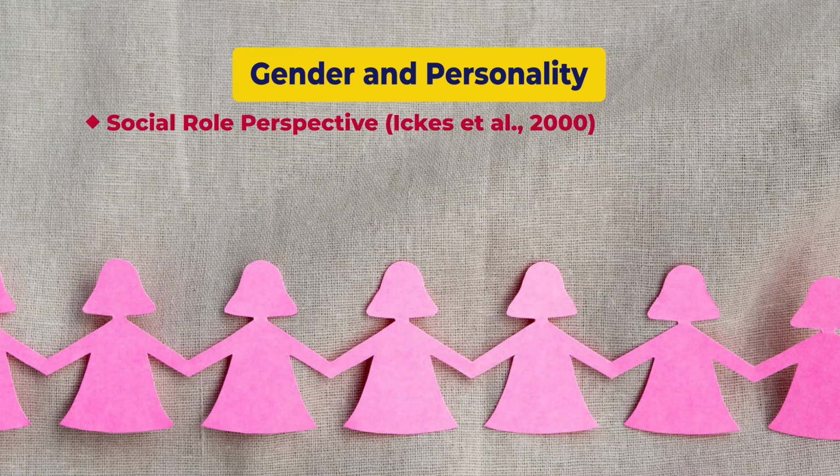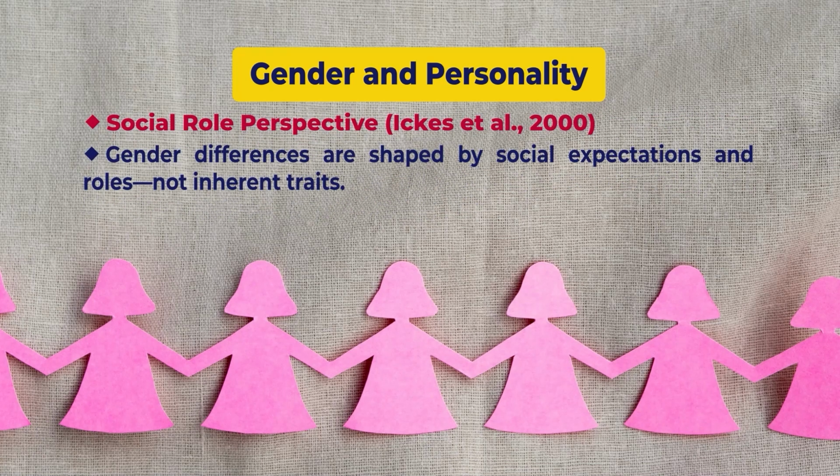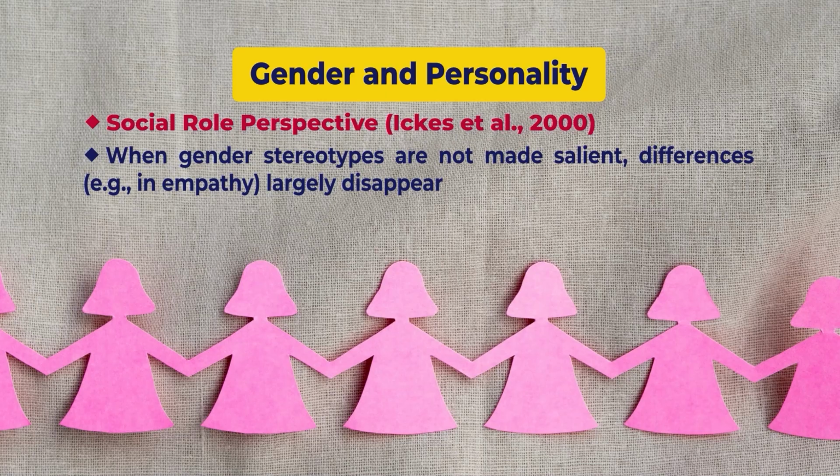On the other hand, there is a social role perspective which says that gender differences are shaped by social expectations and roles and not inherent traits. So when gender stereotypes are not made salient in these studies, differences between men and women, for example in empathy, largely disappear.